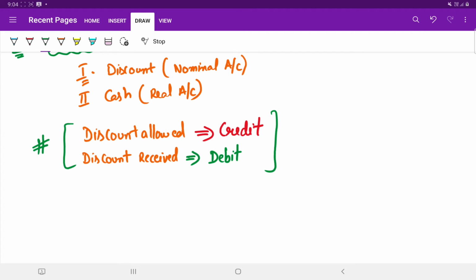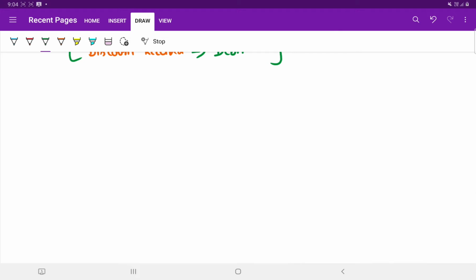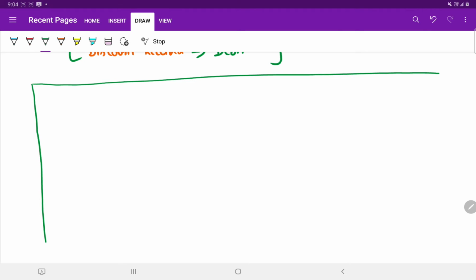So now let us draw the format of this. We are all familiar that the left side is for the debit receipts and the right side is for the payments or credits.